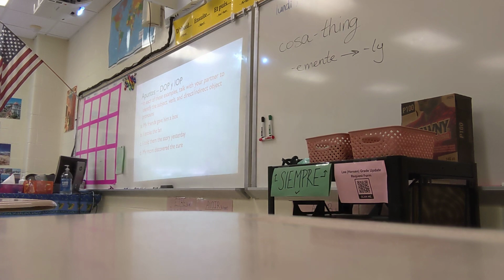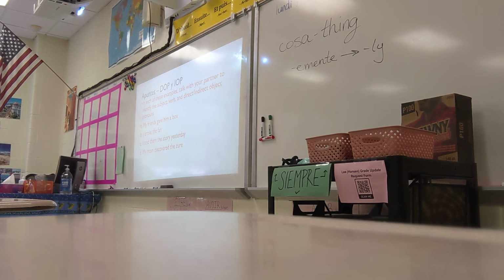We all know the verbs, and we know the subject, so let's just do direct and indirect objects. So what's the direct object of the first one? Box is direct. Him is indirect, because indirect receives the box. And so fan is just direct object. And then the story.